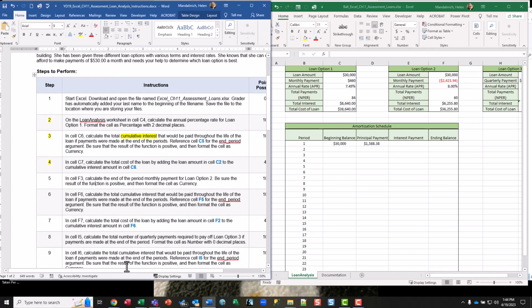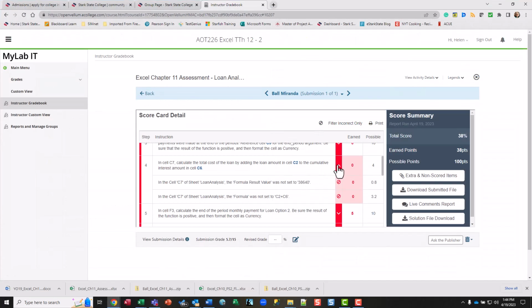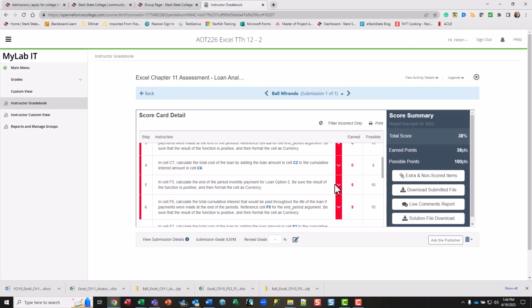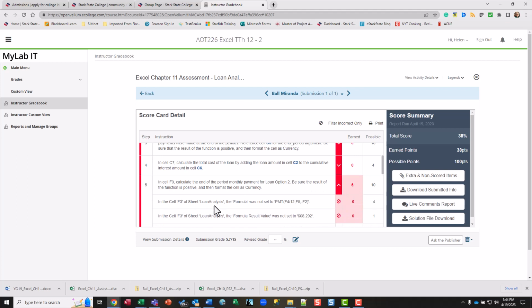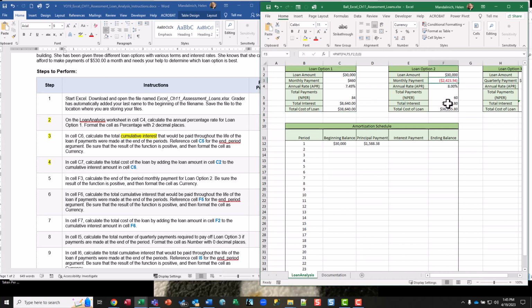In F3, so let's go back here. F3, you got some of those points, and it's telling you here. So let's minimize that. So in F3, yeah, this one looks bad. So once again, we need to think about these things, right? So let's look at this loan.